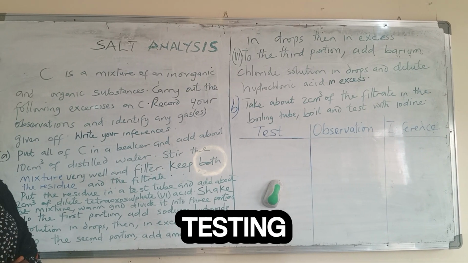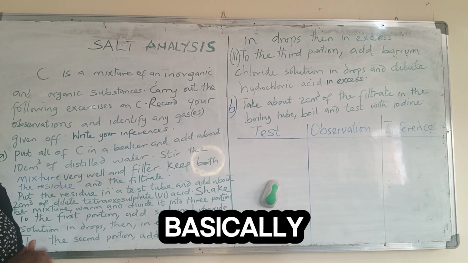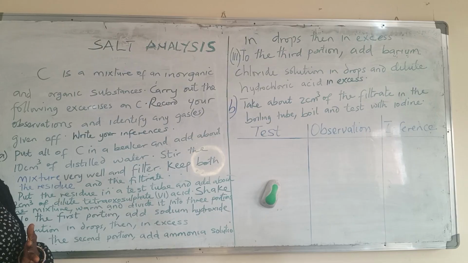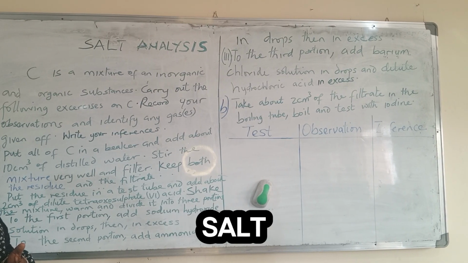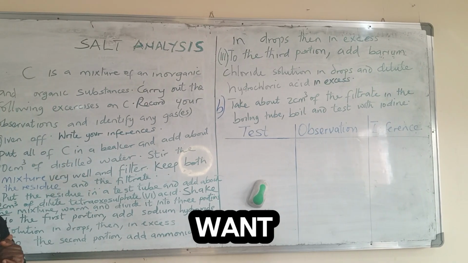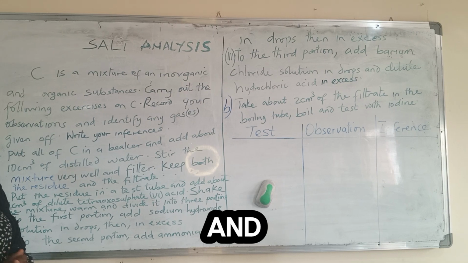Now we will be testing white salts. White salts are basically zinc salt, lead salt, aluminium salt, and calcium salt. So look at how I want to test it: the test, the observation, and the inference.